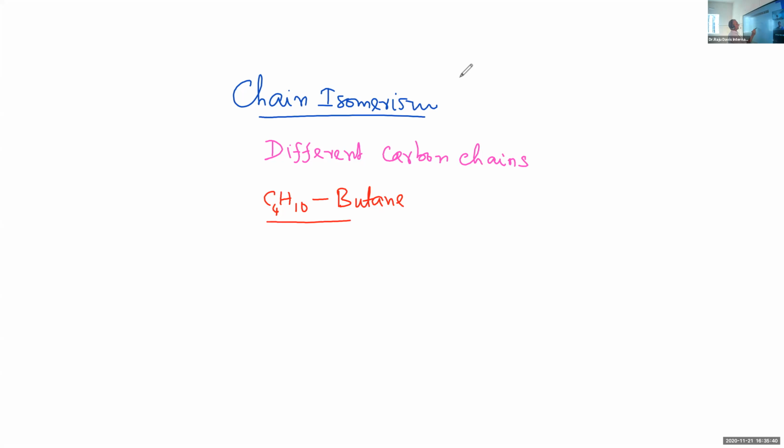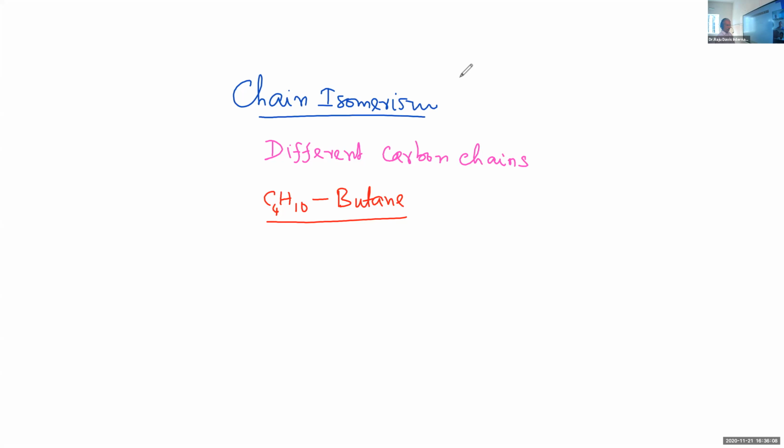In C4H10, which are the atoms that have valency more than 1? You think of carbon. Valence of carbon is equal to 4. But valence of hydrogen is equal to 1.